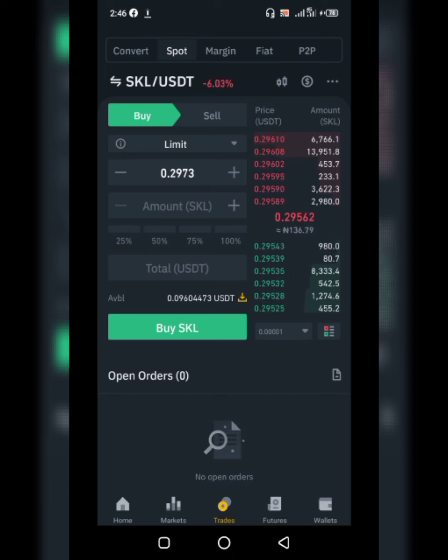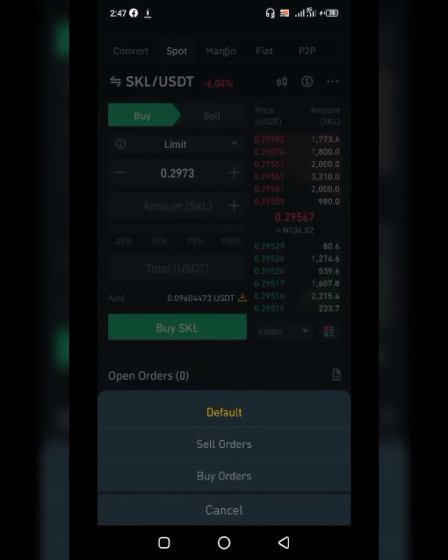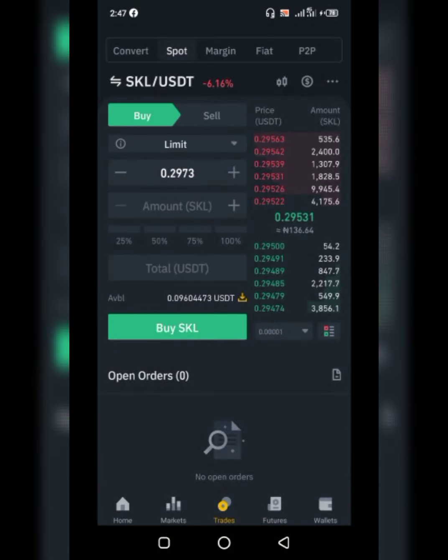This 0.29 you are seeing under limit is the current value of that coin compared to the dollar. If you check the right hand side, you will see there are changes. Those in red are the sell orders, whereas those in green are the buy orders. You see where I click. So we are asked to trade it now.